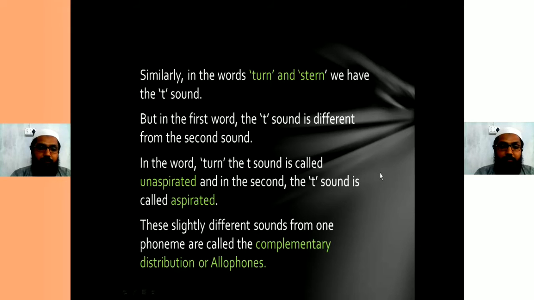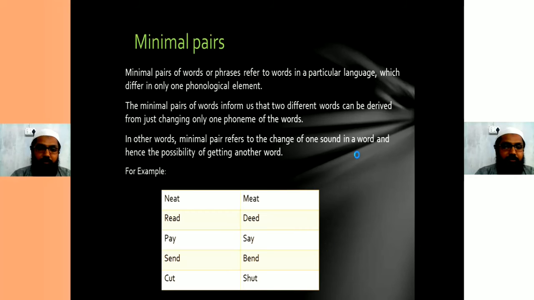These slightly different sounds from one phoneme are called complementary distribution or allophones. In allophones, the same sound will be there, but some slight changes will be there. So this is what allophones are.